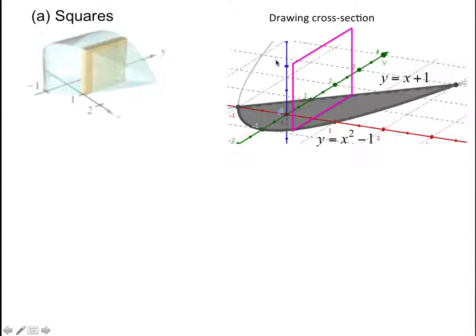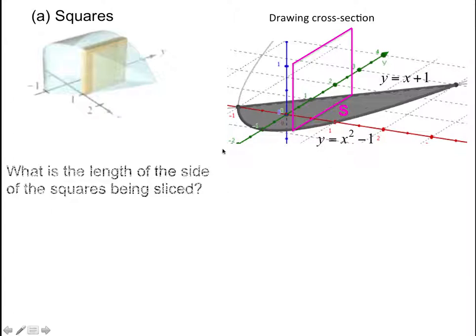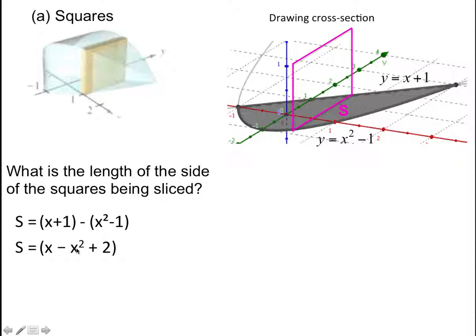And so we need to get the area function for this. The length of the edge of this square, we call that S. And that length we get by subtracting this function minus that function. So that's going to be x plus 1 minus x squared minus 1. And simplifying that, I get x minus x squared plus 2.